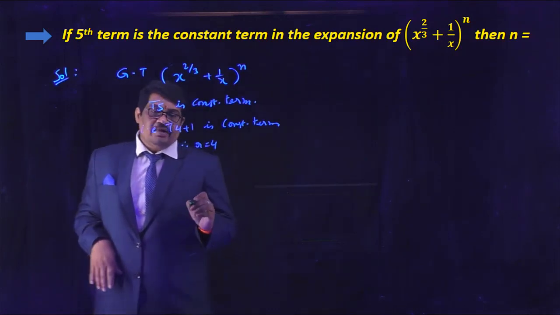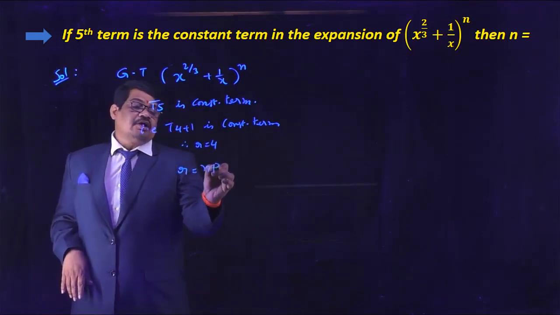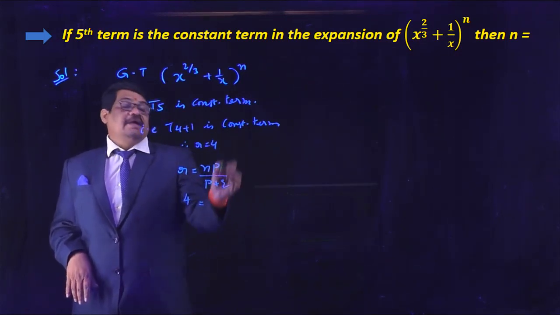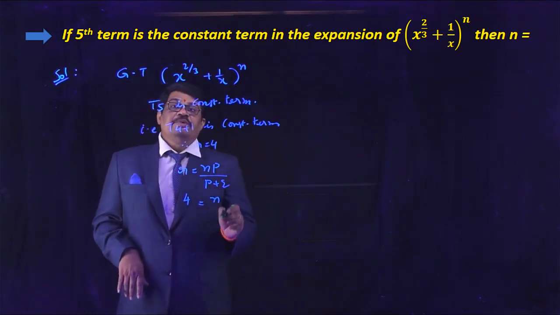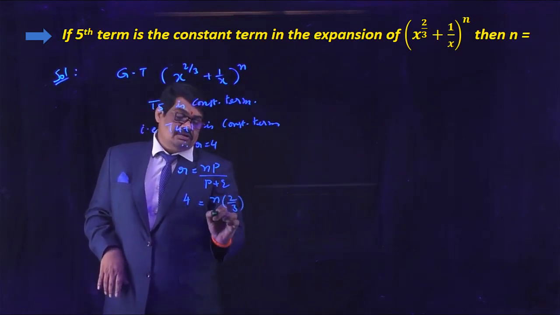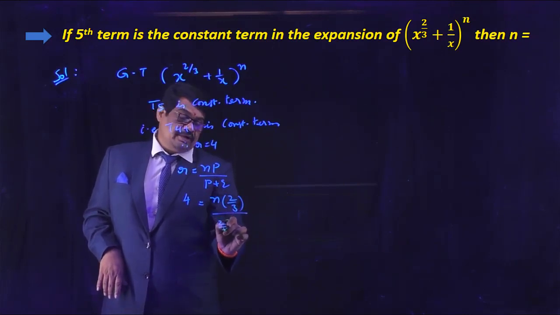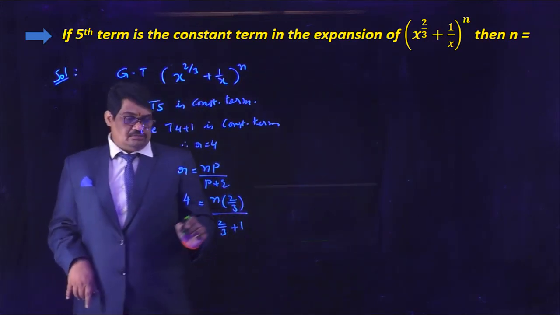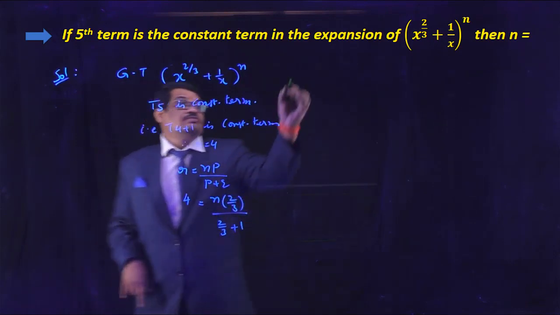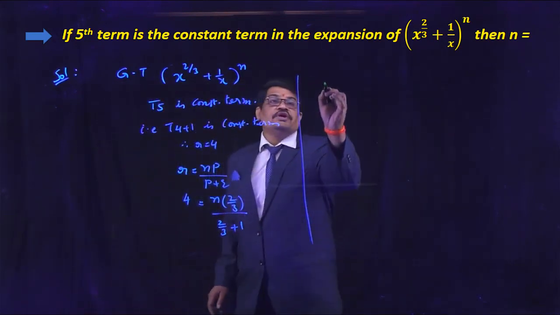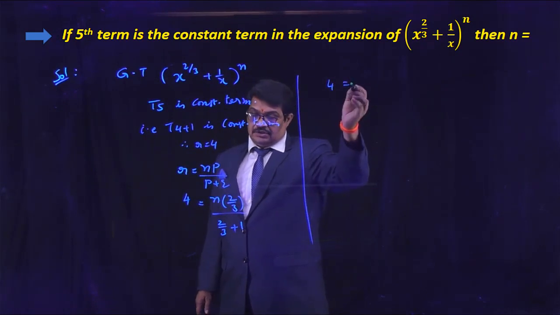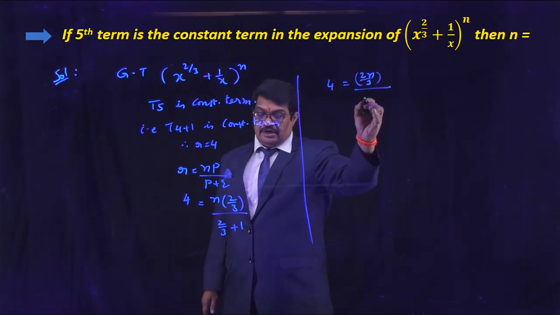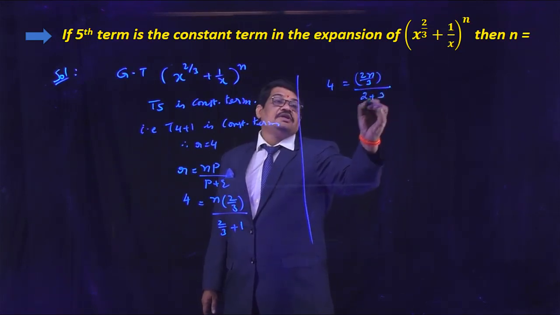So how do we find the value of r? r is equal to np by p plus q. Here r is equal to 4. What is n here? n is n. And p is 2 by 3, and what is p plus q? That is 2 by 3 plus 1, where q is equal to 1. Now from that we are writing 4 is equal to 2n by 3 by, in the denominator LCM is 3, that is 2 plus 3 by 3.